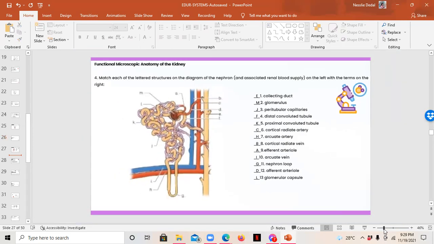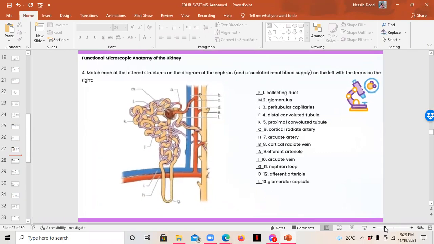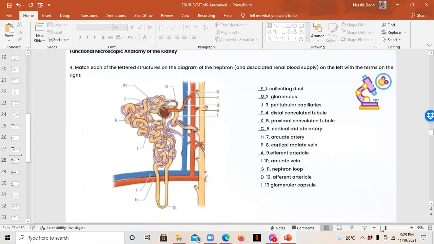Number 4, match each of the lettered structures on the diagram of the nephron and associated renal blood supply on the left with the term on the right.